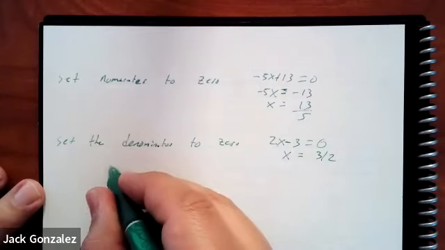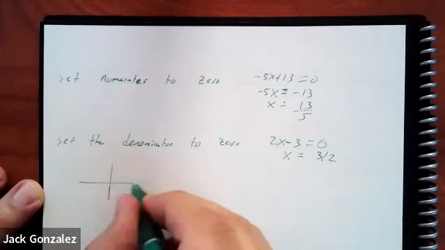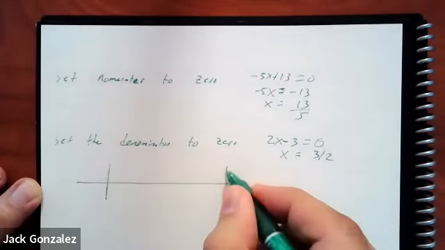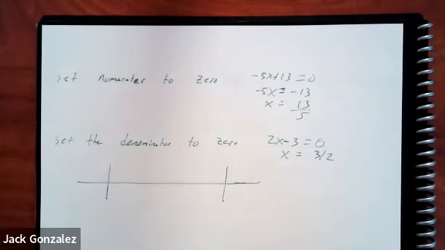So I saved the best for last for this section. Which one's bigger, 13/5 or 3/2? 3/2. 13/5 bigger or 3/2 bigger?